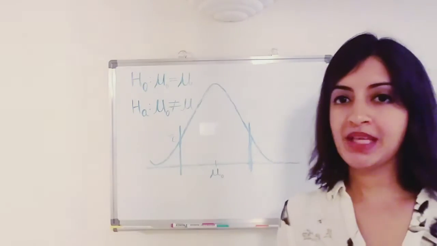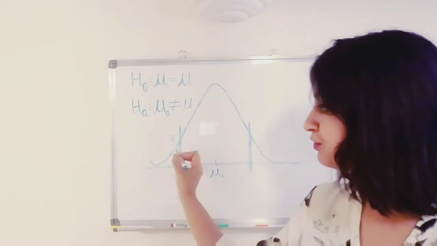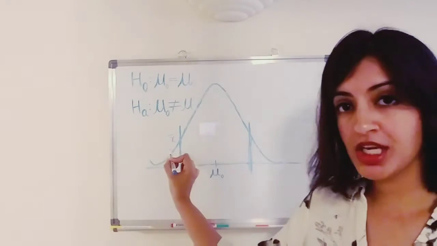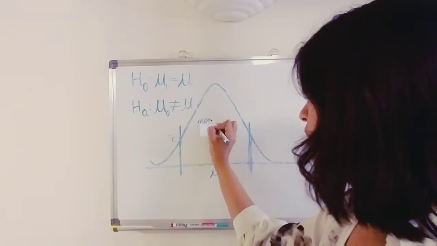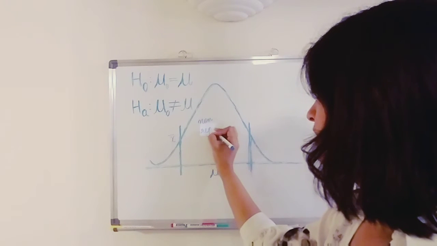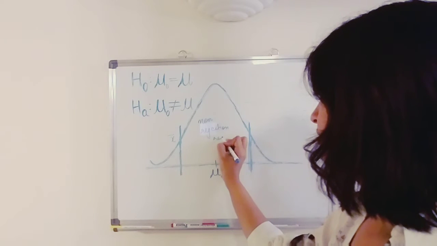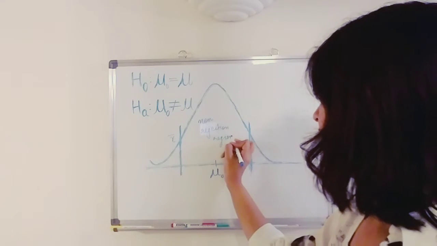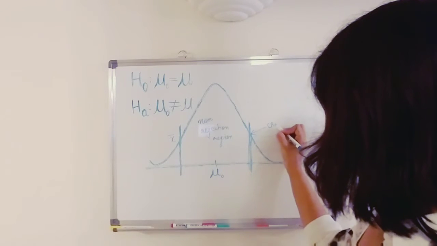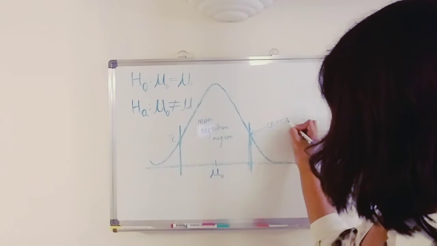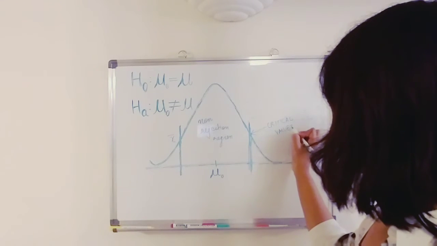Now, if we collect a sample and the mean happens to fall in the rejection region, which is, this is the non-rejection region, and these would be the critical values on either side.